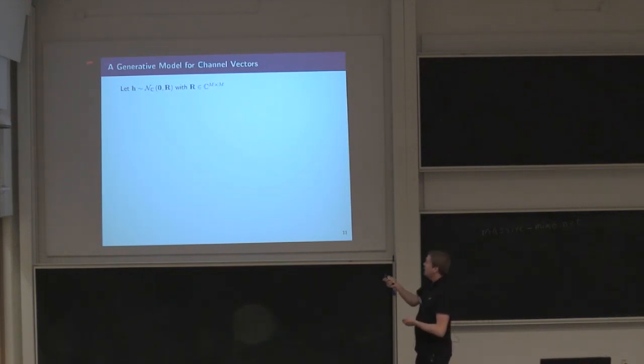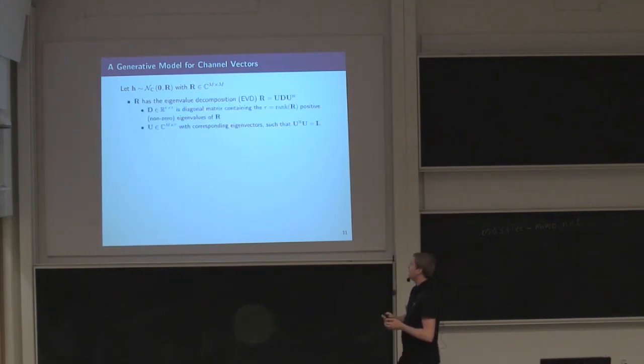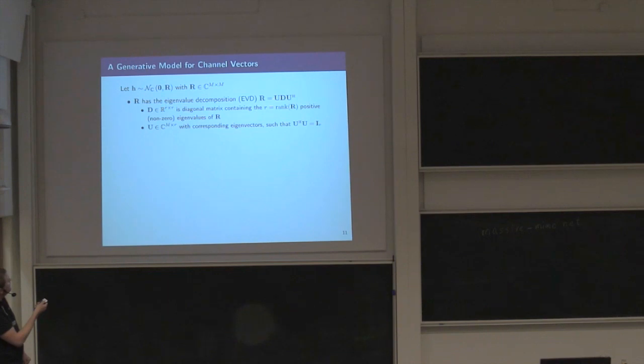So if you have a complex Gaussian distribution here with the covariance matrix R, how do you generate something like that? Well, you can, for example, create an eigenvalue decomposition where U would be the eigenvectors stacked in different columns, and D will be a diagonal matrix containing all of the positive non-zero eigenvalues.